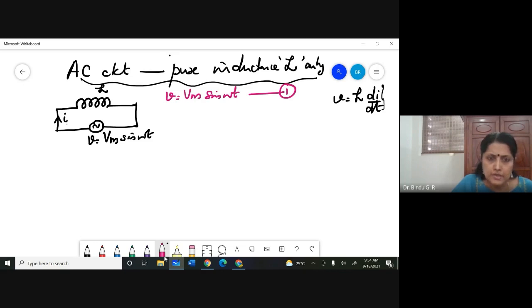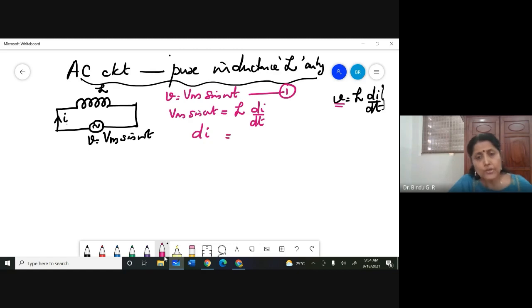Okay. Now, this Vm sine omega t is the same as L di by dt, isn't it? Or di is equal to, I am going to derive the equation for I. Okay.